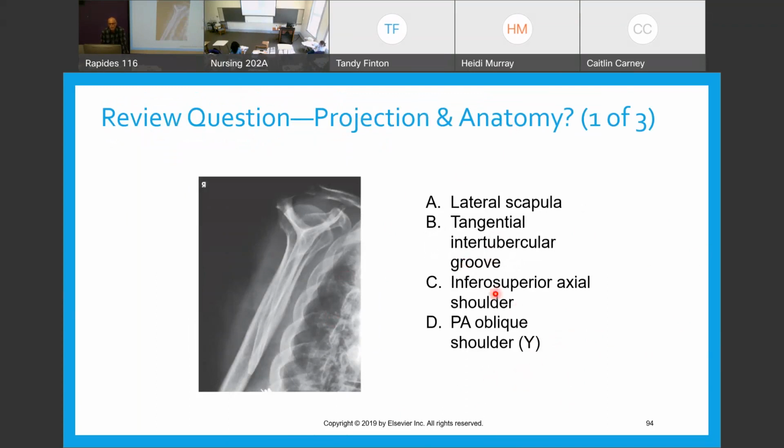Projection and anatomy. What is the projection? We see the what? We see the Y. We notice that the humerus is completely superimposed by it. So that can't be a lateral scapula because we would have had that humerus moved out of the way.